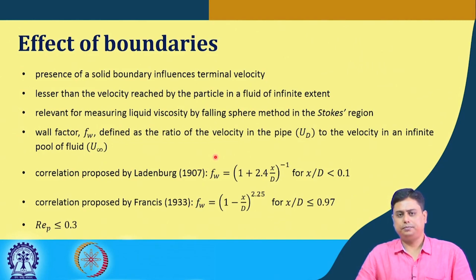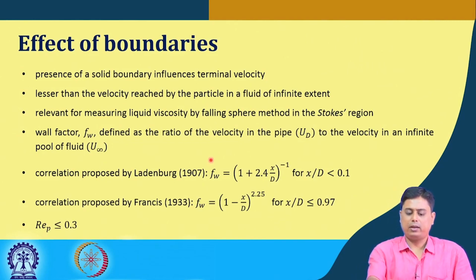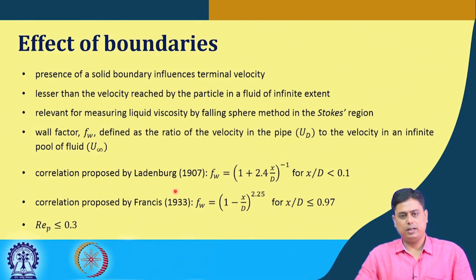So the actual terminal velocity divided by the ideal one equals this expression, proposed by Ladenburg in 1907. This expression holds true when x, which is the particle diameter divided by the tube diameter, where d is the tube or container diameter, is less than 0.1.